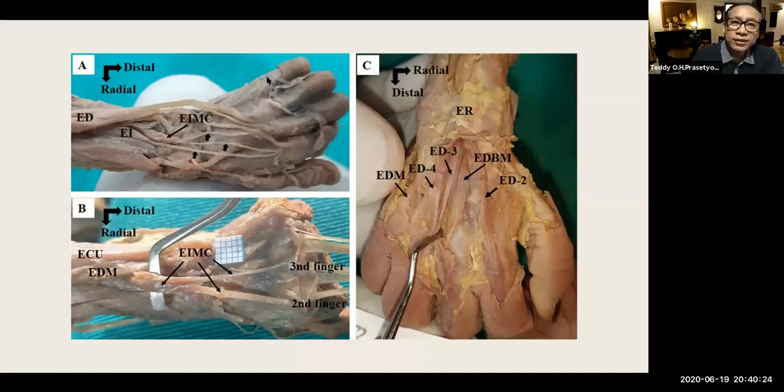It may come with more, like here, fibers actually many, 1, 2, 3, right? And also this one, 4. So we have 4 extensor digitorum communis tendons in the little finger, right? So this is ED for the middle finger, ED for the ring finger, and ED again for the ring finger.